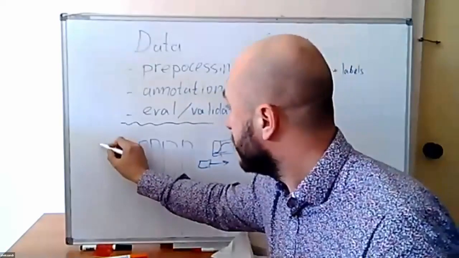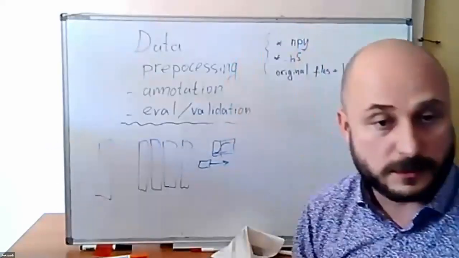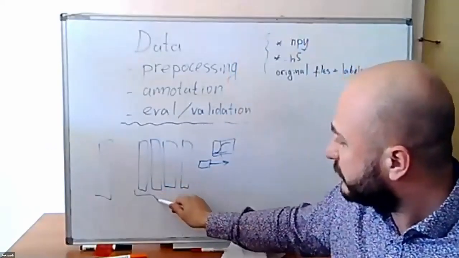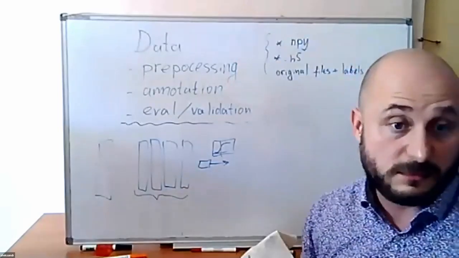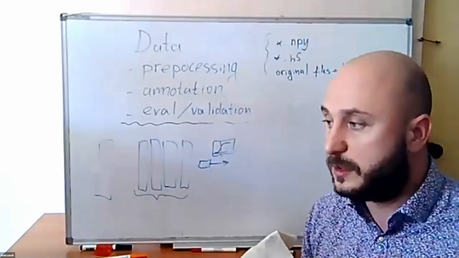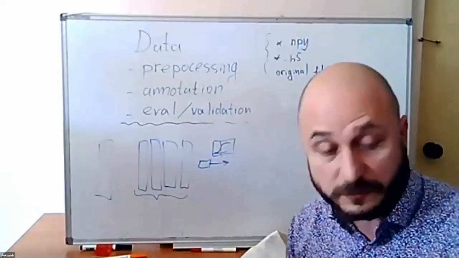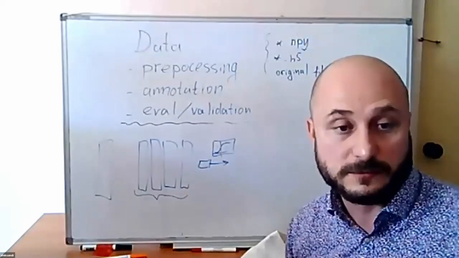But we want to use this pre-trained model in order to understand, let's say, age, or to be able to recognize nationality.